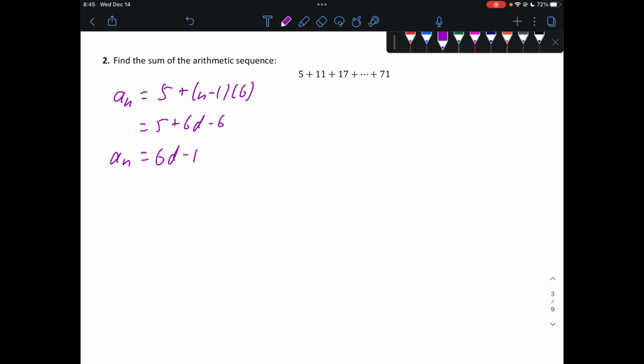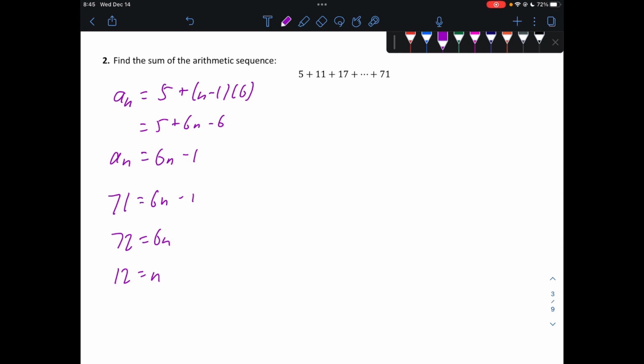There's our explicit formula. We set 71 equal to that. I don't know why I put d here, it's supposed to be an n. I'm sorry about that. If we set 71 equal to that and solve, we would get n equals 12.